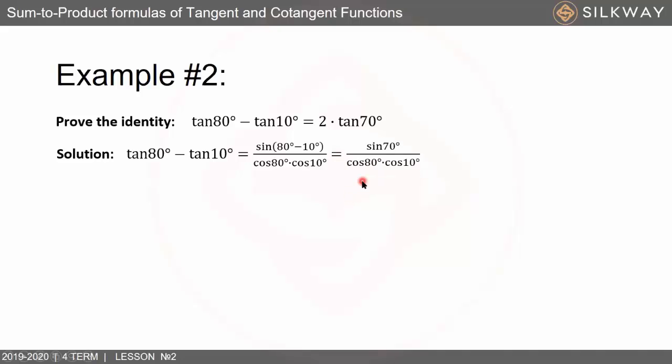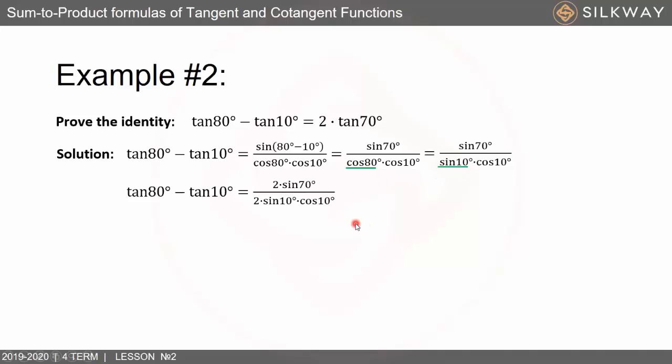And then here we have sine 70 degrees. If we use reduction formulas, cosine 80 degrees will be sine 10 degrees. And next, we multiply numerator and denominator by 2.